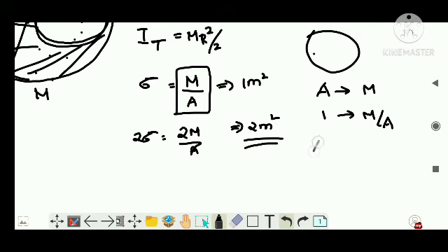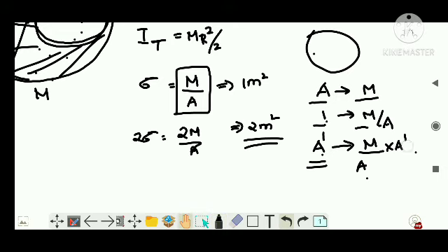Let us say there is a small area, I'm going to consider A dash. Then what would be the mass of that area? 1 unit has m by A, so A dash units will have m by A into A dash mass. See, area A has mass m, area 1 has m by A mass, then the new area A dash will have m by A into A dash mass.